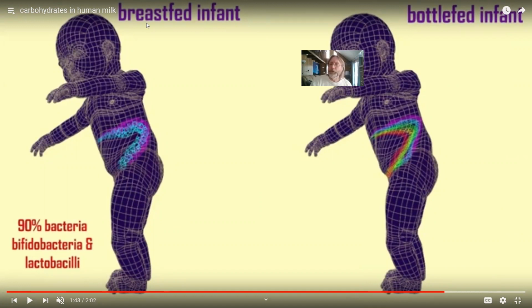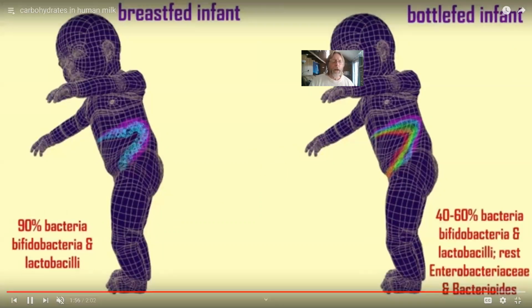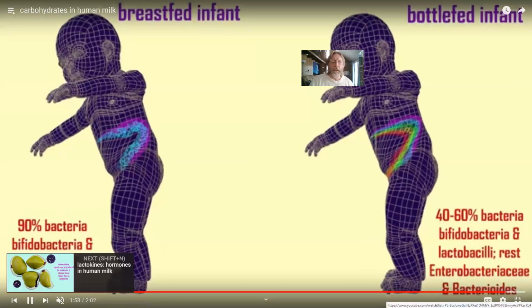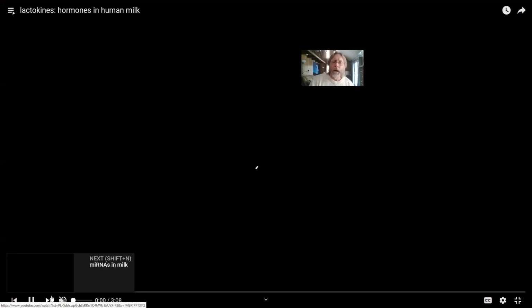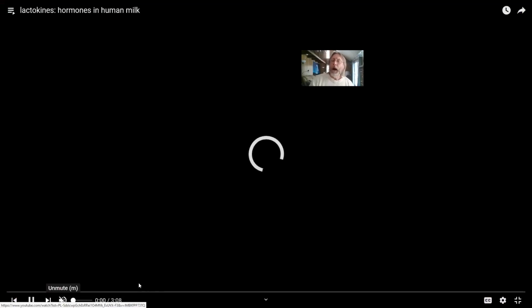And you can observe differences between infants which are breastfed versus bottle fed, in the bacteria which one finds in the large intestine. And this can have consequences in infant health. So there are carbohydrates in milk. And wait, there's more. I just want to do a quick overview. There are hormones in milk.